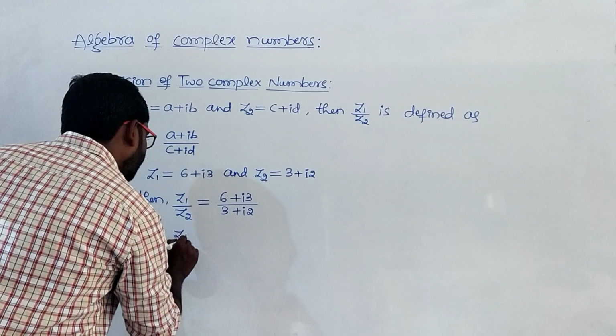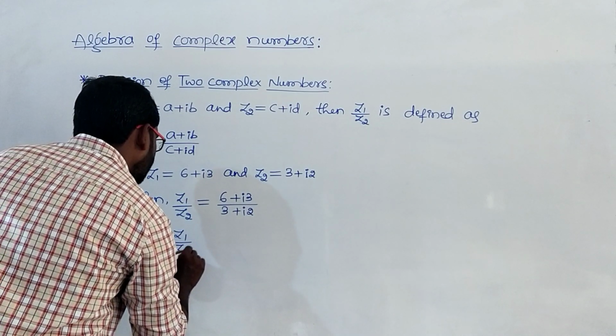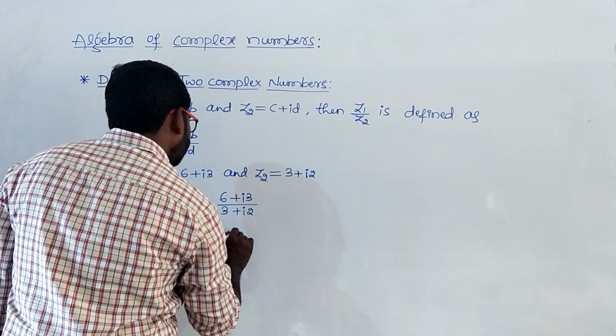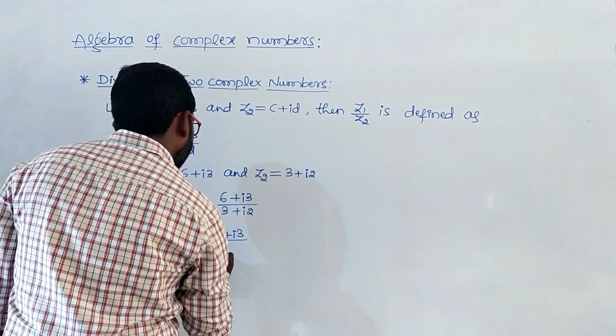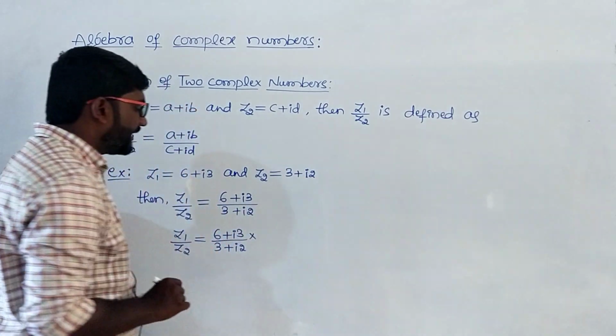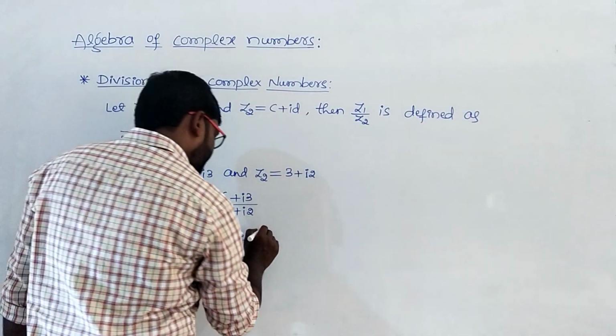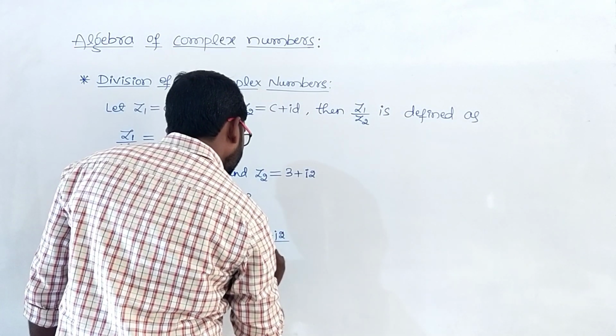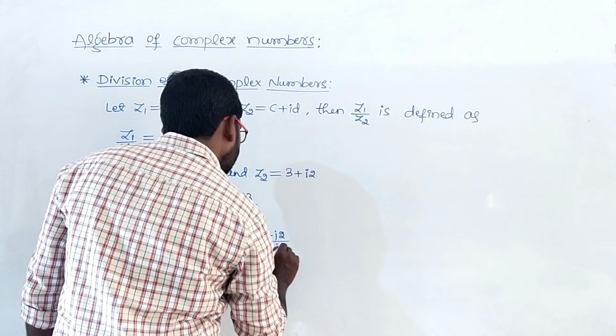So now z1 by z2 which is equals to 6 plus i3 divided by 3 plus i2, then multiply and divide by 3 minus i2, 3 minus i2 and then here 3 minus i2.